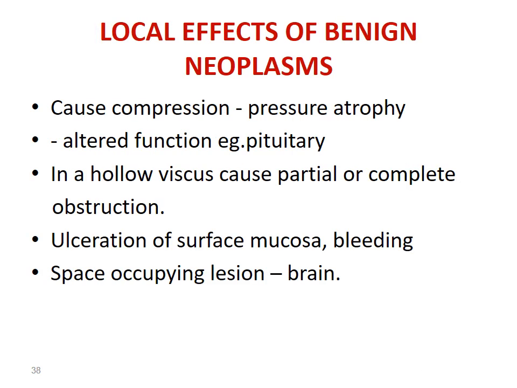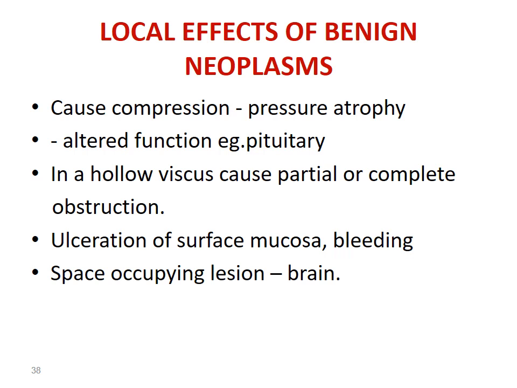It can cause local effects of benign neoplasm. Coming to benign neoplasm, it can cause compression and pressure atrophy, like altered function in pituitary adenoma, or in hollow viscera such as the intestine, it can cause complete or partial obstruction.